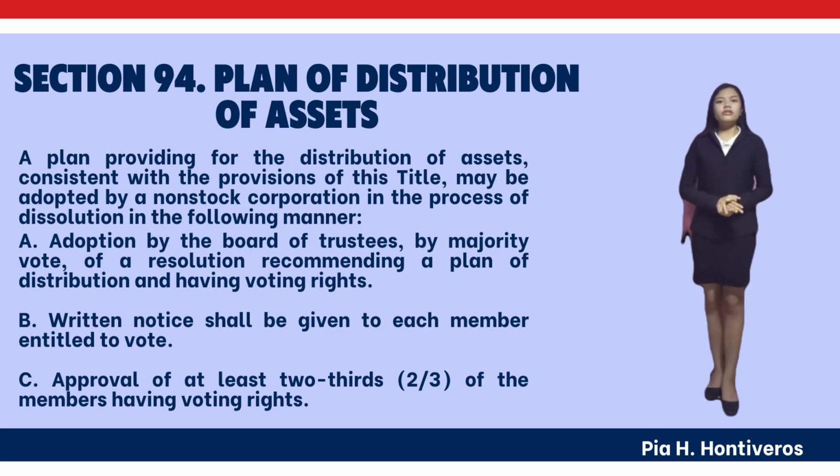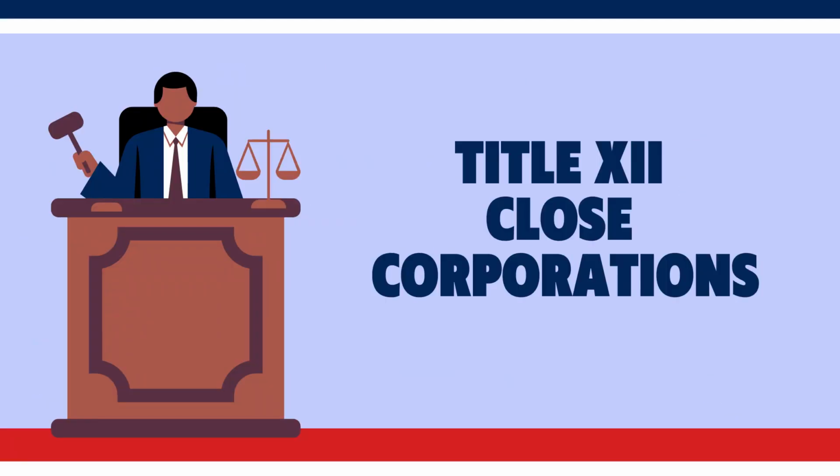Number 2, written notice shall be given to each member entitled to vote, setting forth the proposed plan of distribution or a summary thereof and the date, time, and place of meeting. Number 3, approval of at least two-thirds of the members having voting rights of the plan of distribution.